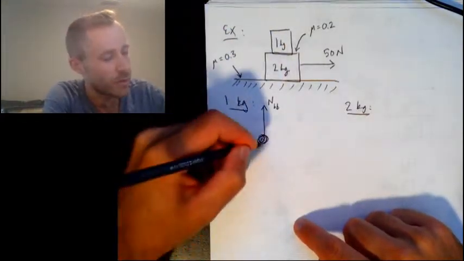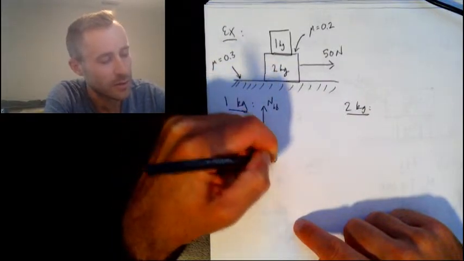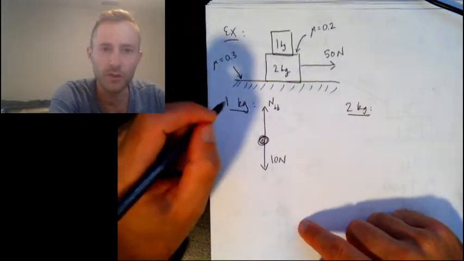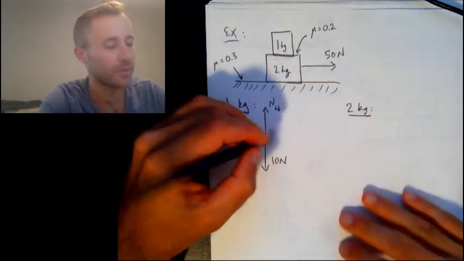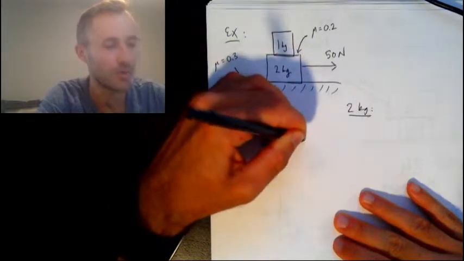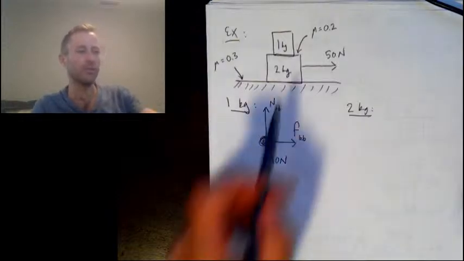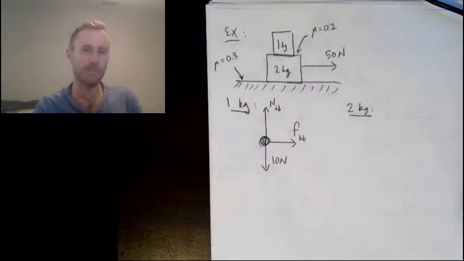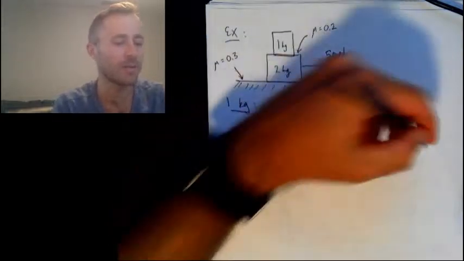It has its weight force going downward, which is 10 newtons. What is making the top block move is actually the friction between the blocks. If I pull on the bottom block, that friction is going to pull the 1 kilogram block forward. All right? So that is the 1 kilogram block.